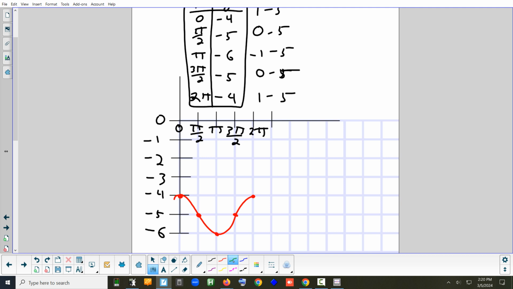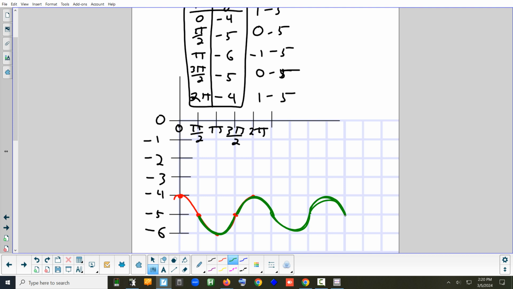Okay, for some people, and I think I mentioned it yesterday, if you have trouble drawing it, your waves don't seem to look right, remember that this part from here to here should look like it's curved up. And then this part from here to here should curve down. And then it would switch again and curve up and then curve down. That's basically what the sine wave looks like.